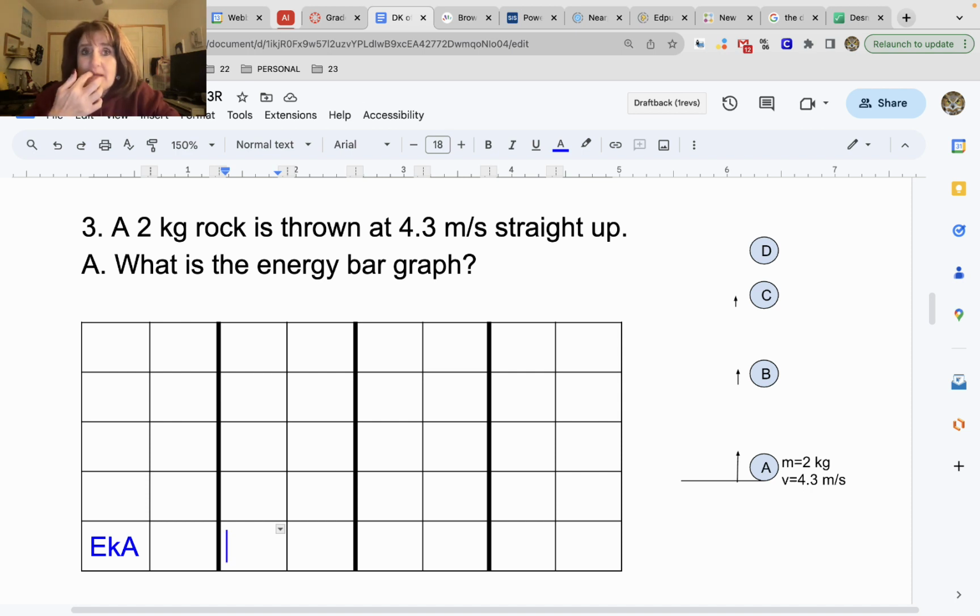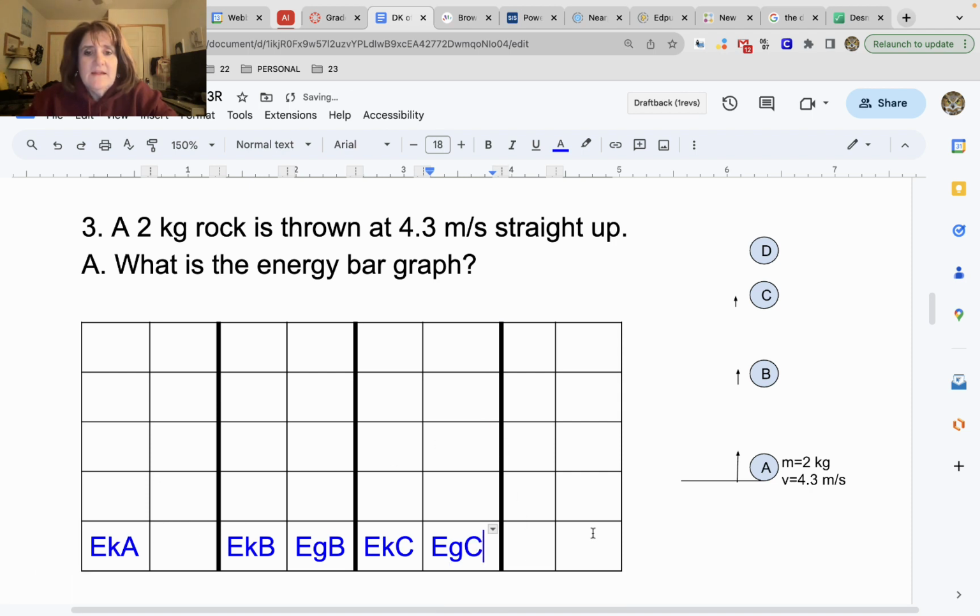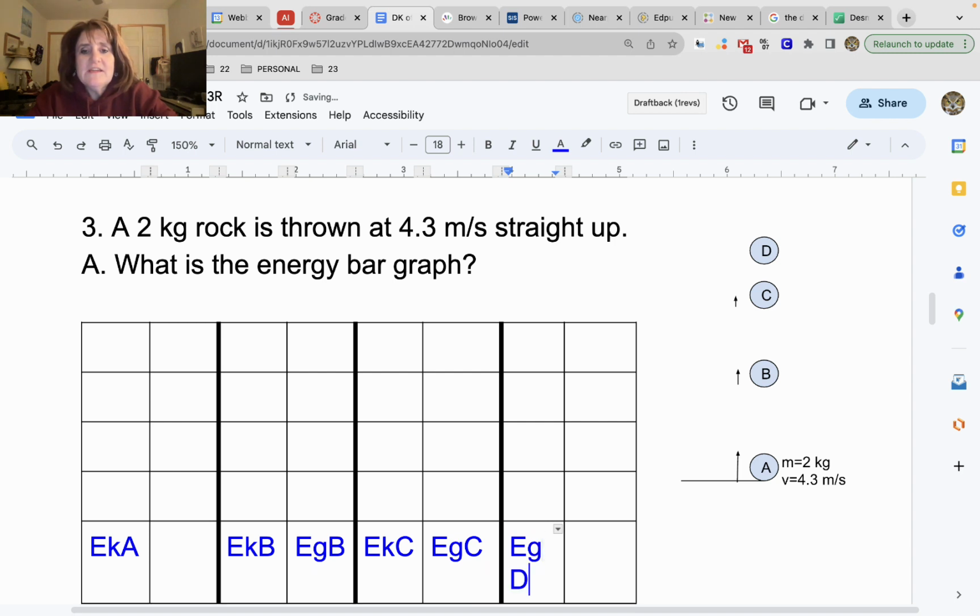At position B, I'll have Ek and Eg because it's now off the ground. At C, I have Ek and Eg. And then finally, at position D, I will have Eg.